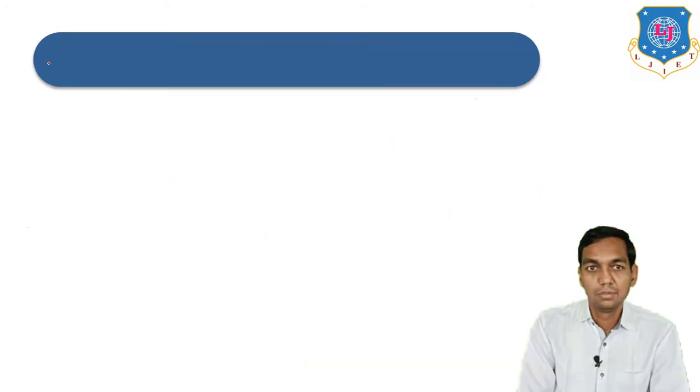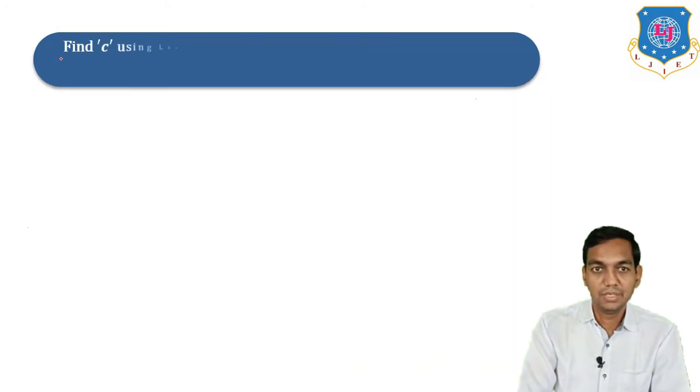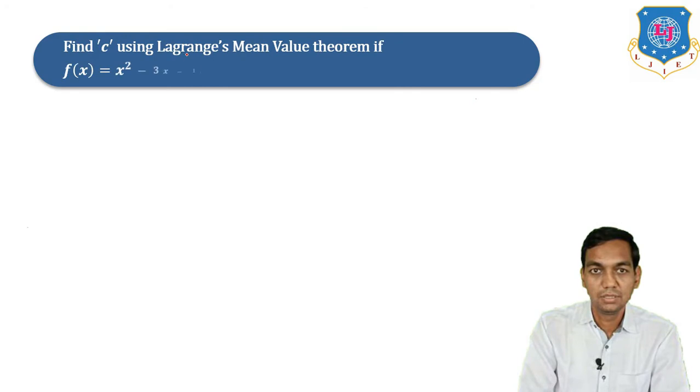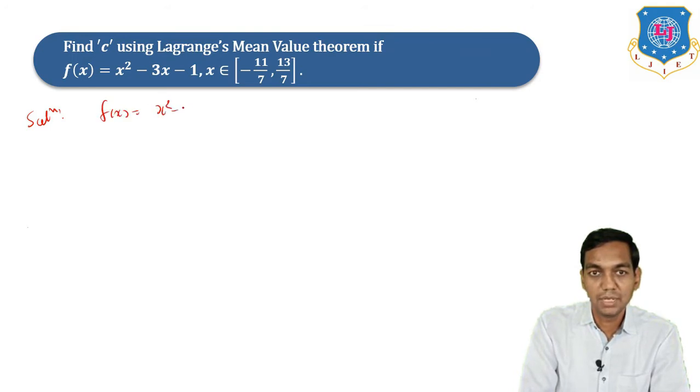In the same manner, find the value of c using Lagrange's mean value theorem if f(x) is given. Starting with the solution, f(x) = x² - 3x - 1.